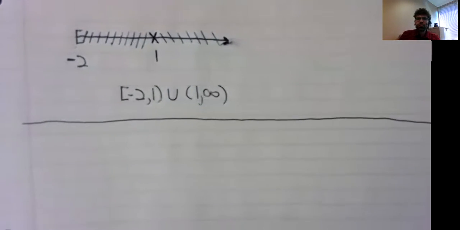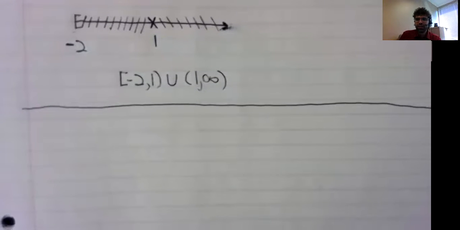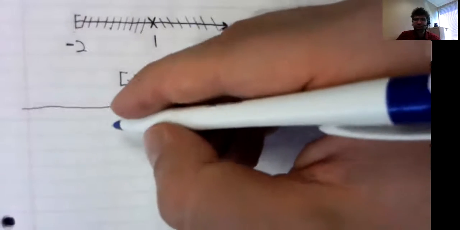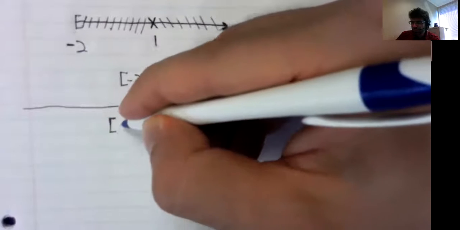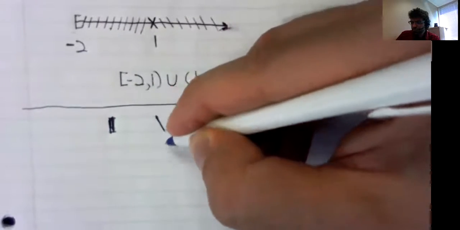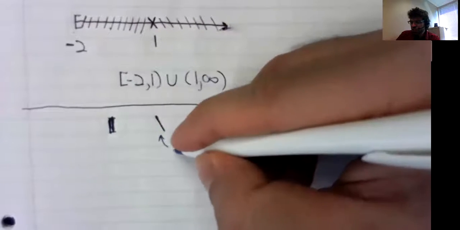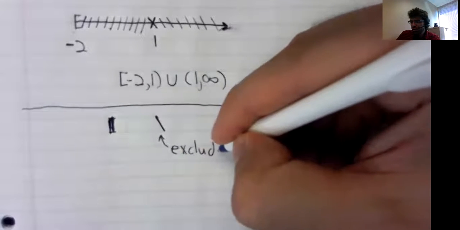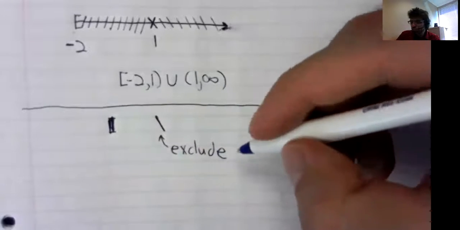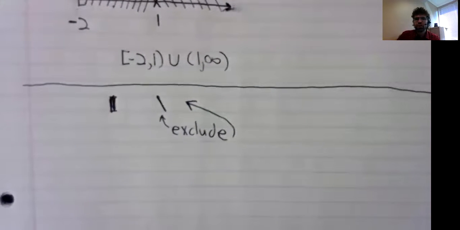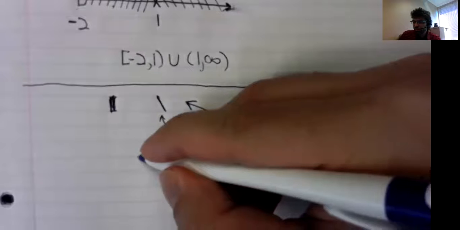My preferred notation for this kind of thing is a little more rough and ready, or maybe just concise. In set theory, this backslash tells you to exclude whatever comes after the backslash.